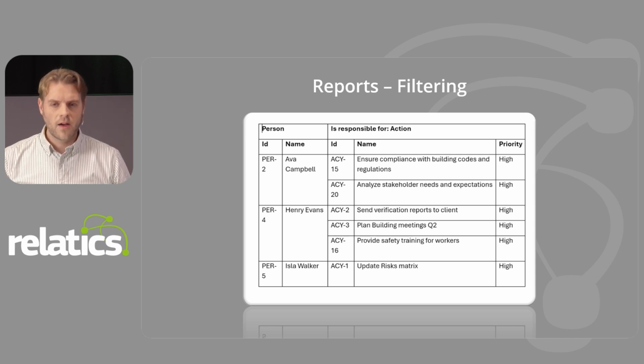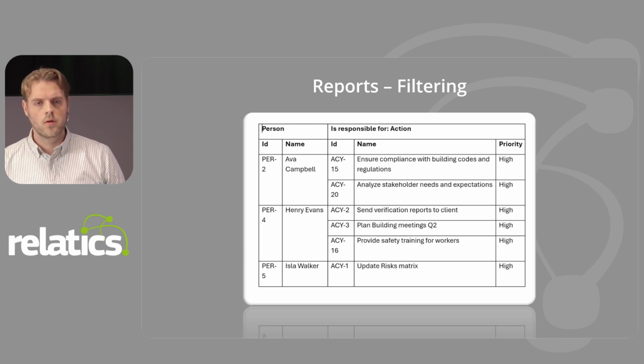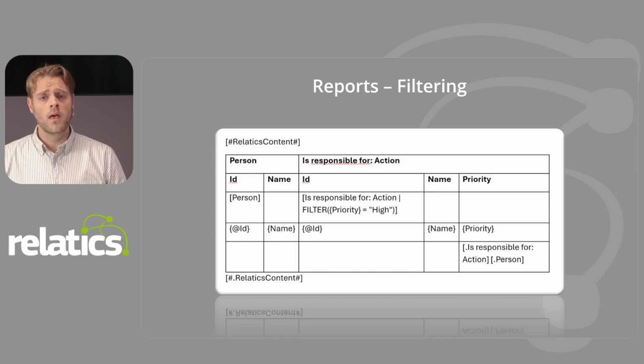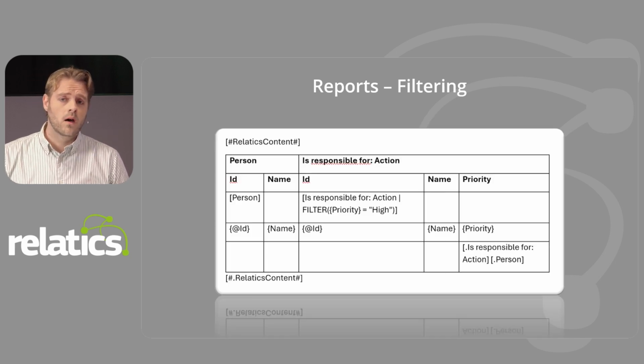Now, what this is actually doing is it's only providing me with actions that have a high priority, but it's also filtering out any persons that don't have actions with a priority high linked to them. So the filter is actually working on the root level of person as well.